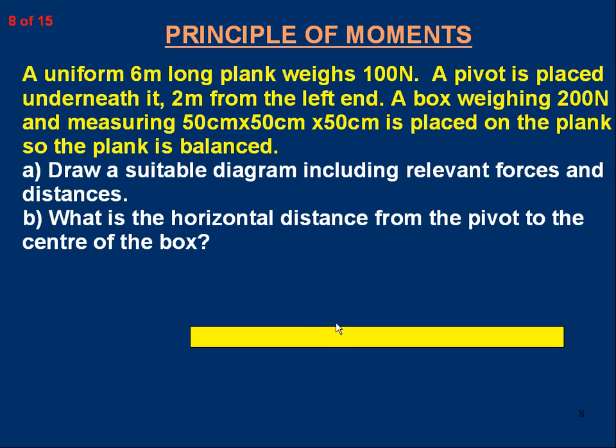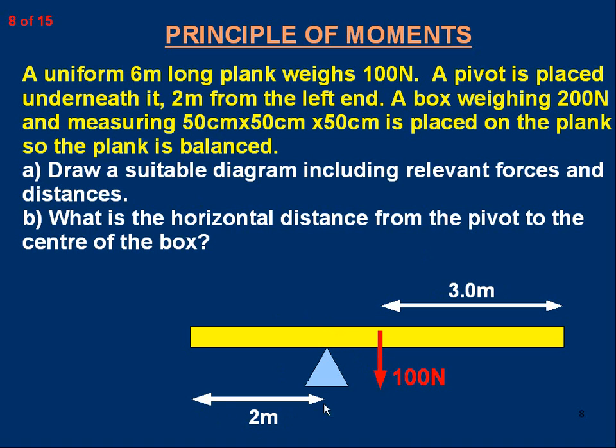There's a plank. It's uniform. It's 6 meters long. It's 100 newtons weight. You can mark the weight at the center because it's uniform, so the center of gravity is in the middle, and the center of gravity will be 3 meters from either end. The pivot's placed 2 meters from the left end. Let's mark that. Let's mark the 2 meters.